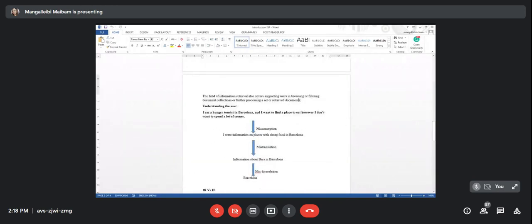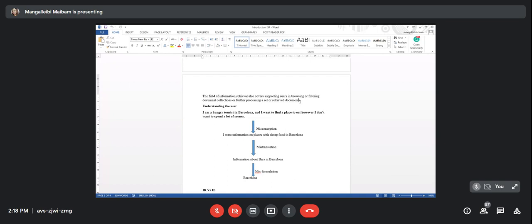Now we need to understand the user. Understanding the user is very important because we need to find out what the user wants. When we are going to retrieve some information, we need to understand the query first, and in order to understand the query, we need to understand the user first.